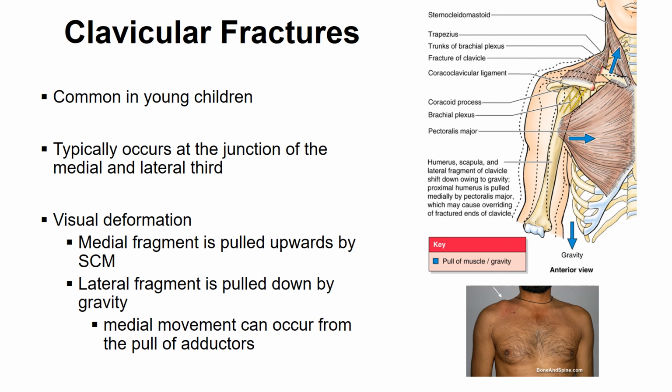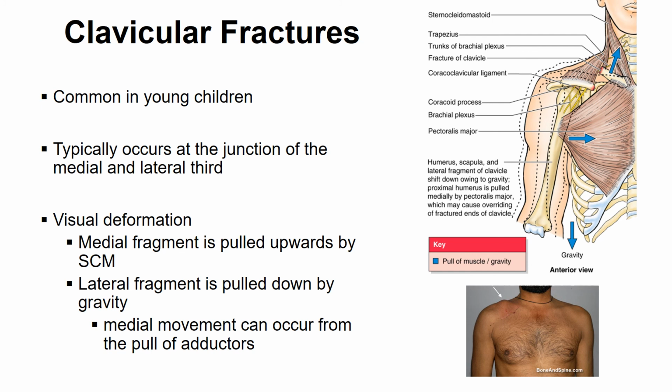Typically clavicle fractures will occur in one of the third parts of the clavicle. So if you lay out a clavicle and break it into three parts, the clavicle will typically break along those third points because that's where the most pressure is put on the clavicle.